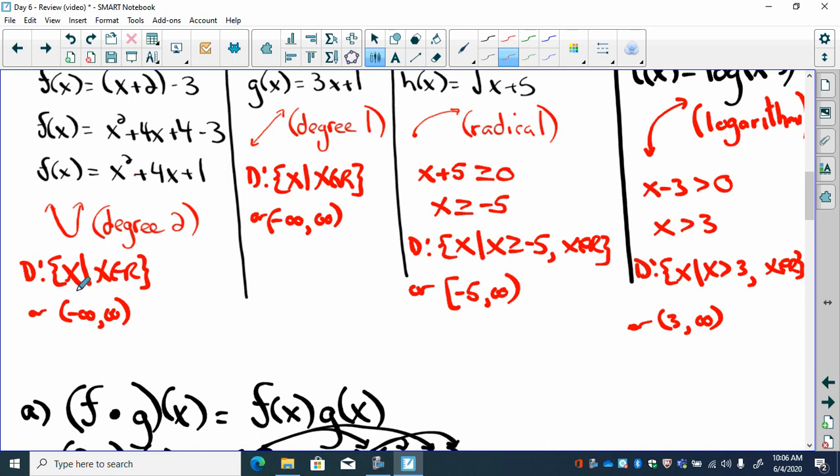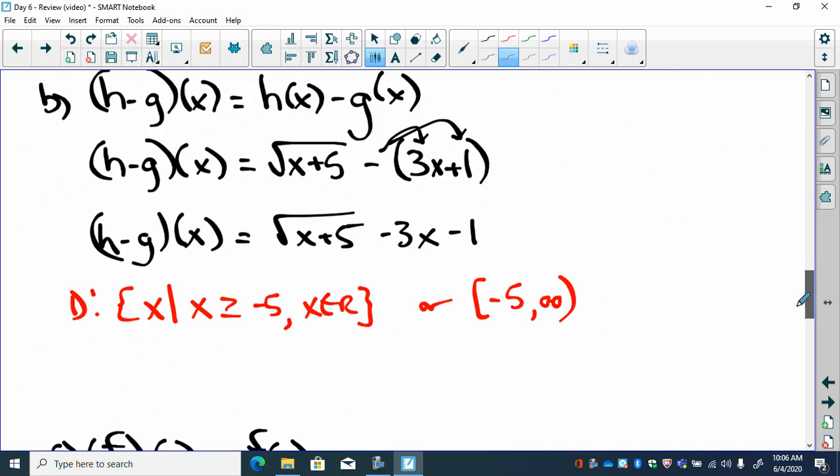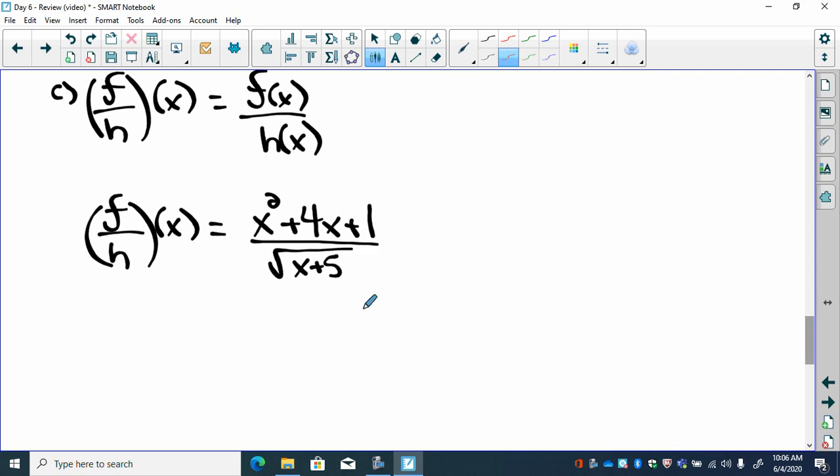So what's common to both of those? It's the same as the last one. It would be these x values, x greater than or equal to negative 5. So the domain is going to look like this: x such that x is greater than or equal to negative 5, x belongs to the real numbers.